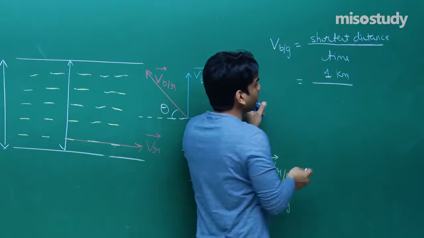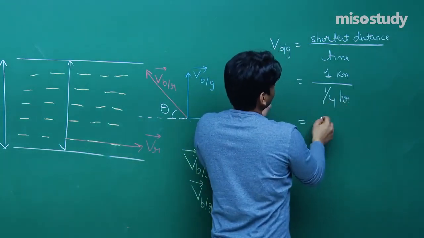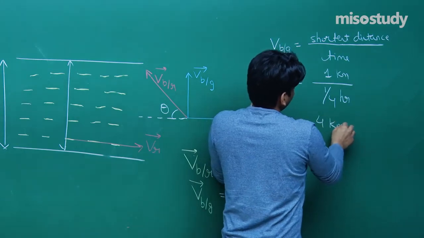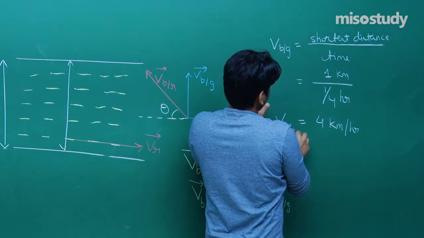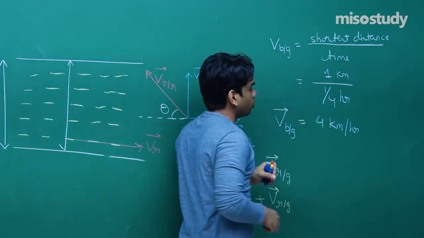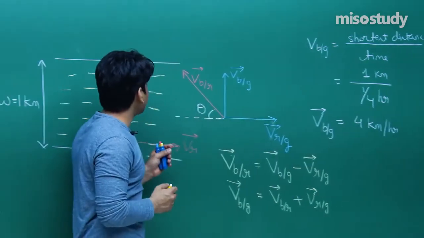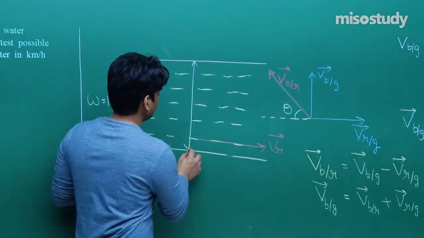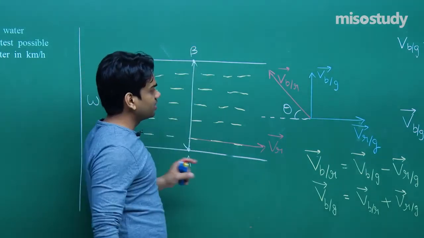Can we write that as 1 by 4 of an hour? 15 minutes, so 1 by 4 of an hour. So this will turn out to be 4 kilometer per hour. So this is velocity of boat with respect to ground. You got that as 4 kilometer per hour along the upward direction, that is directly directed from, let's say, this initial point A to the final point B. This value we got.